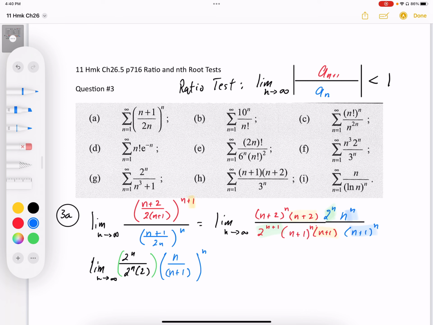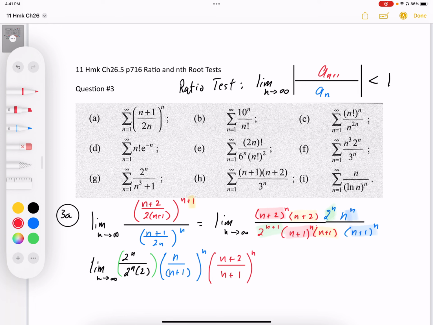And then we have these red terms, which I'll group together. And we can do the same thing. If you notice that they both have power n, I'm talking about these red terms here and here, they have common power of n. So I'm going to write this as n plus 2 over n plus 1, and that's going to be to the power n.